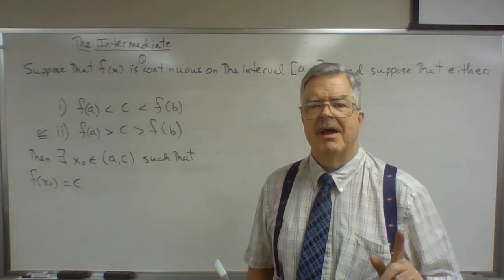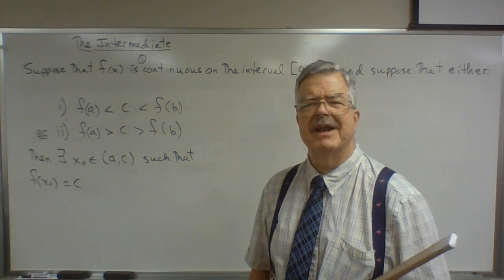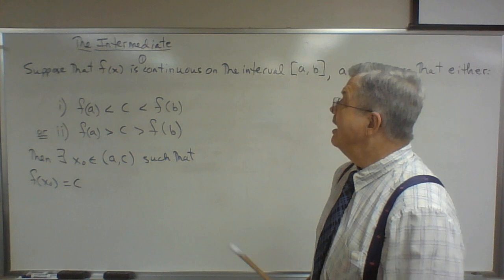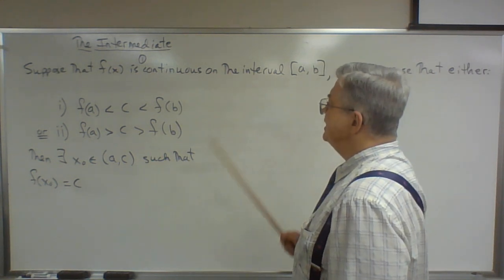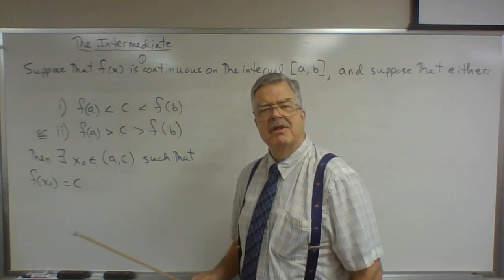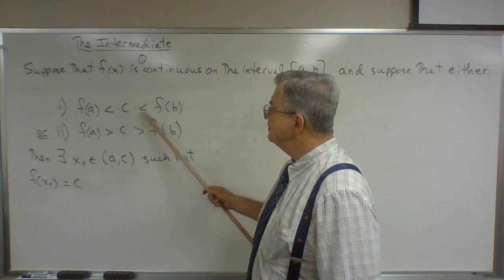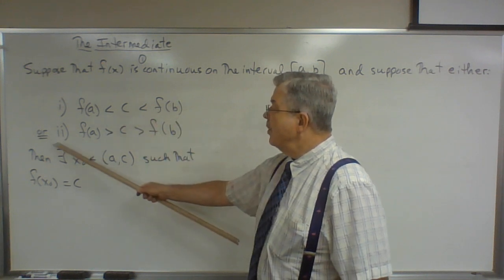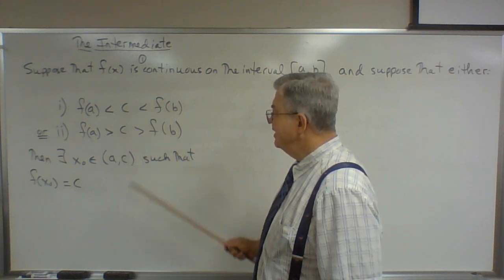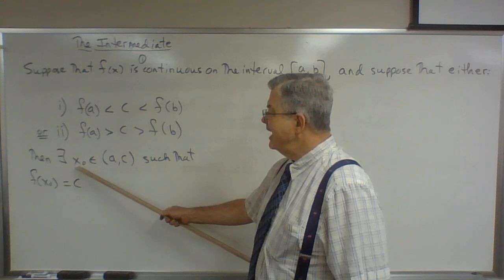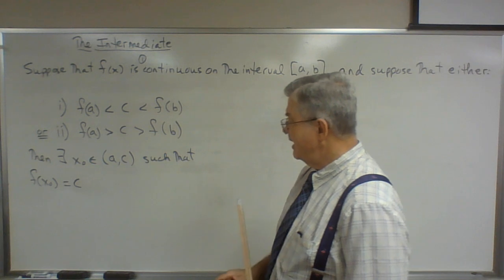Everybody, before we get to this special case, I looked at something on the board that I need to correct. f of x is continuous on the interval [a, b], and for some real number y equals c, either f of a is less than c, which is less than f of b, or f of a is greater than c, which is greater than f of b. Then there exists an x naught in the interval, and this is what I have to correct.